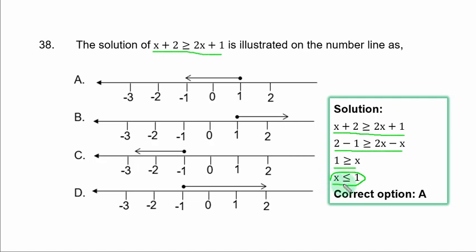The given symbol here is weak. For weak symbol, we make use of tick circle or tick dot as you have here. Less than or equal to 1, it means from 1 and you move towards your left. So A is the correct option.